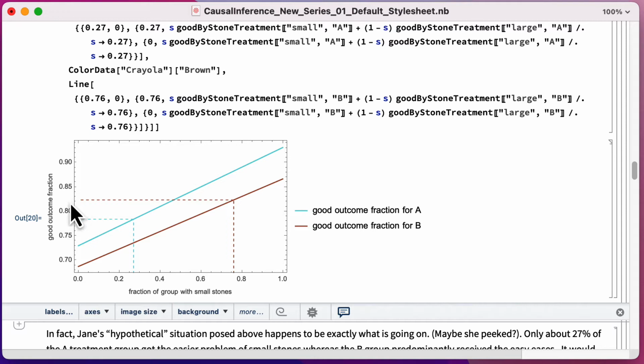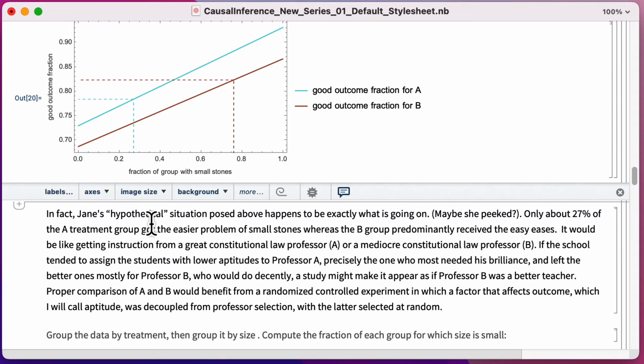And so this difference here between this number of like 83% and this number of like 78% is reflecting the fact that the two groups, the group receiving treatment A and the group receiving treatment B, are not the same. And so this is an explanation of why Simpson's paradox is appearing.